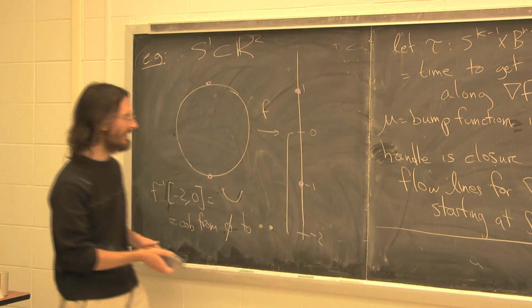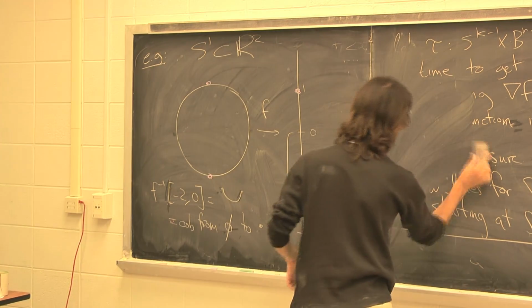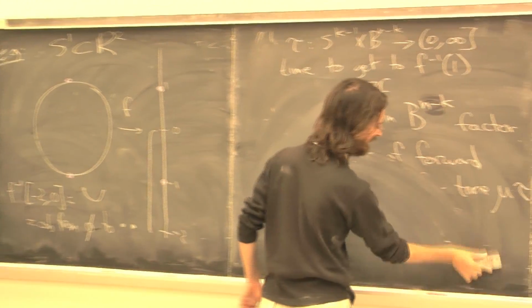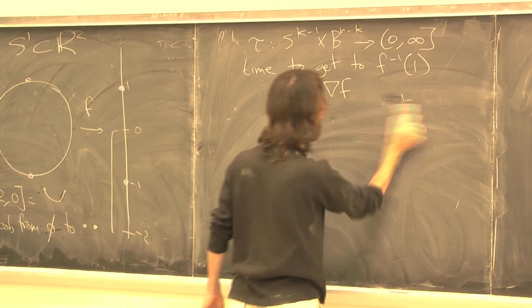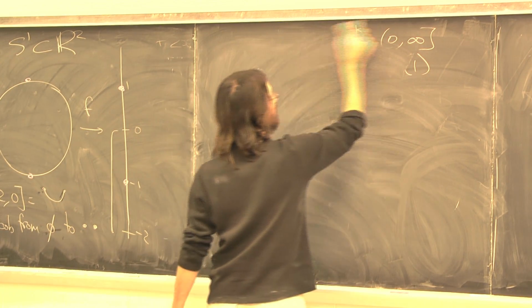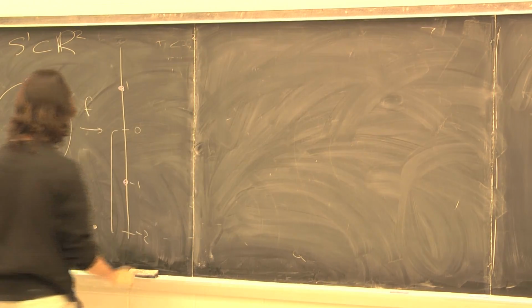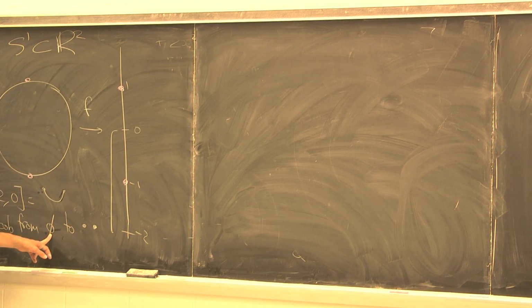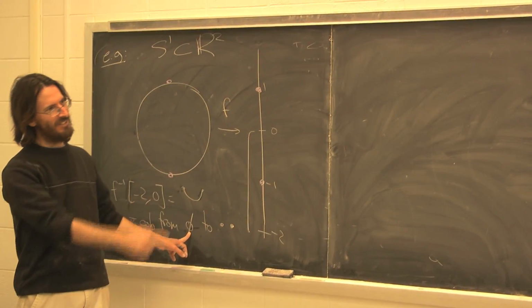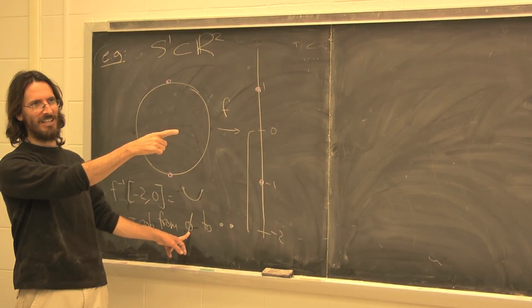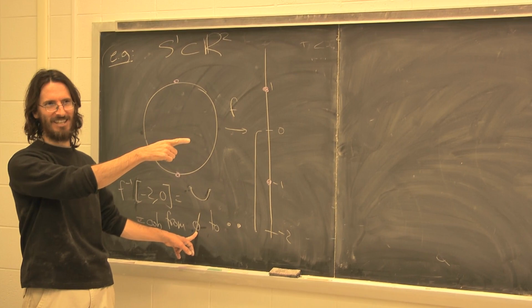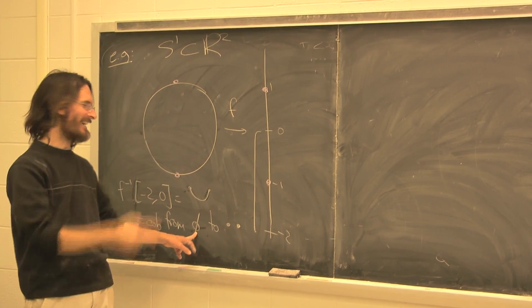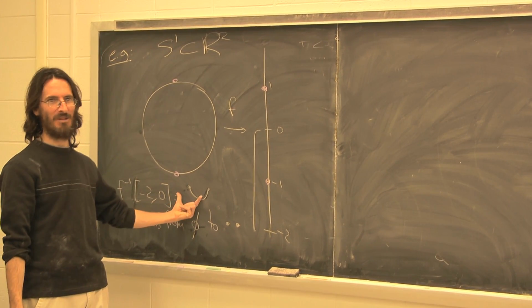Following the prescription blindly, we take the empty set across an interval, which is the empty set. We attach that using a gluing map from the empty set into the empty set across the interval, and we attach B0 cross B1 to that.